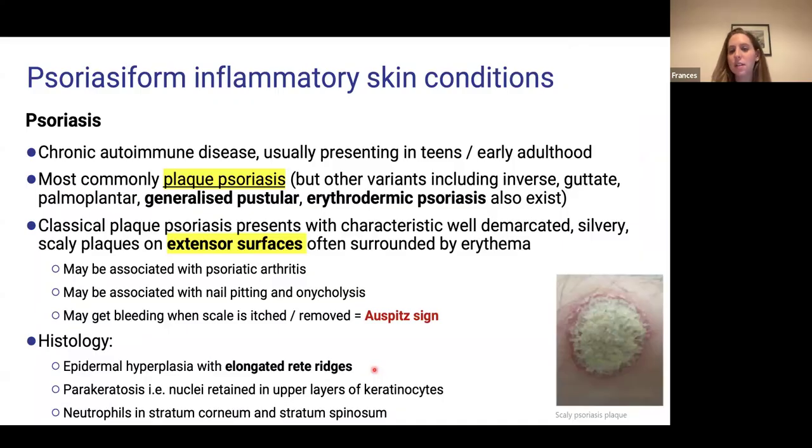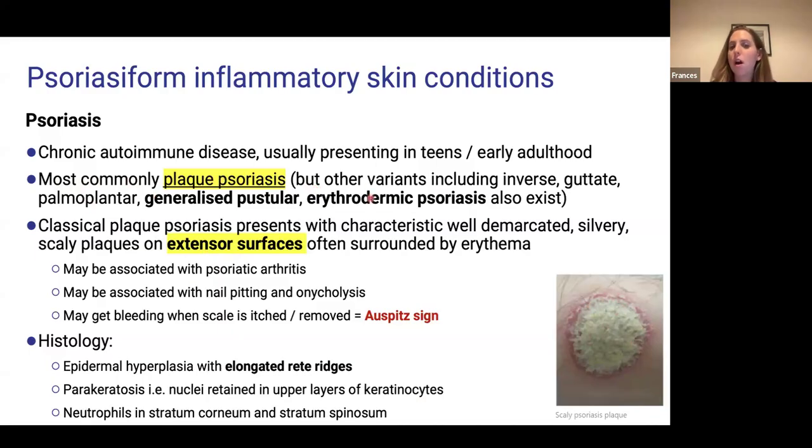But the main thing is that as a result of a lot of different immune sensitizing events and innate immune system activation, you get a lot of hyperproliferation of those keratinocytes, as I said, which is why you get those elongated rete ridges. It's why you get the production of this really thick silvery scale, which is effectively a sheet of really, really thick keratin. So the most common one that you're going to be encountering in LabMed is plaque psoriasis.